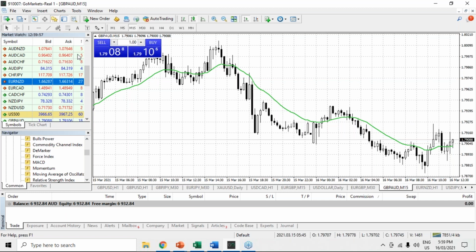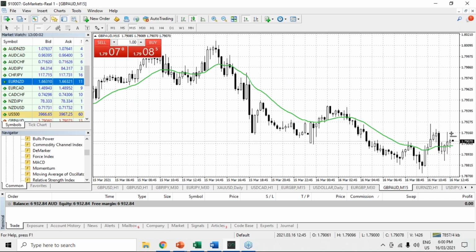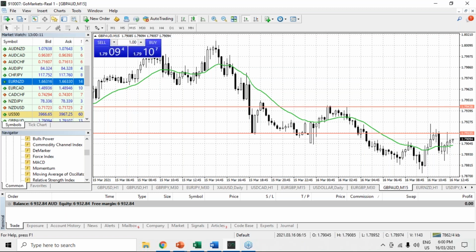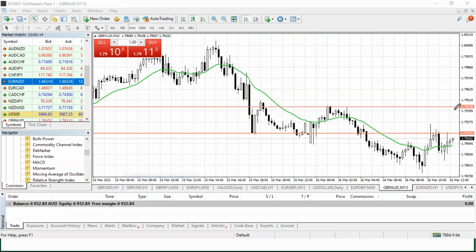Okay, so let's say we were to enter here on a break of this level. If it pops up here and goes over this level, then we may say, well, look, where's the next key price point? Well, it's there. So we're going to set our profit target just underneath that at this point here.